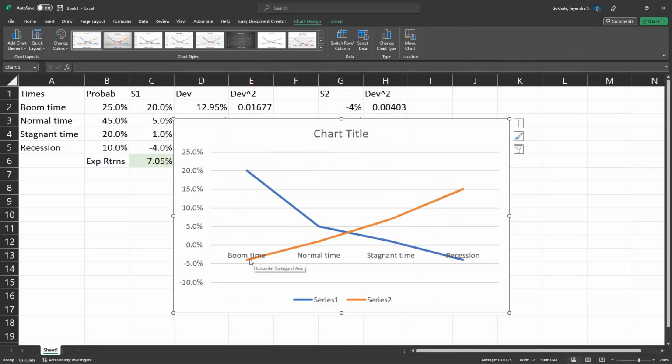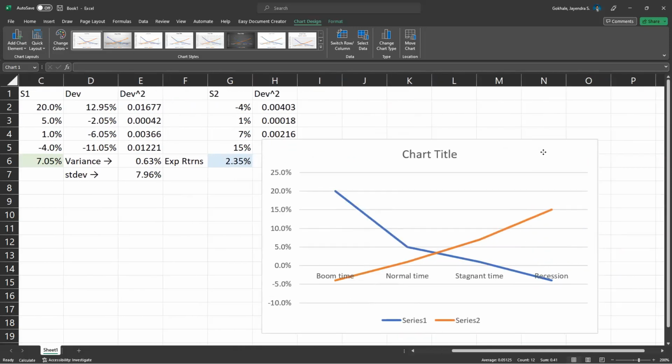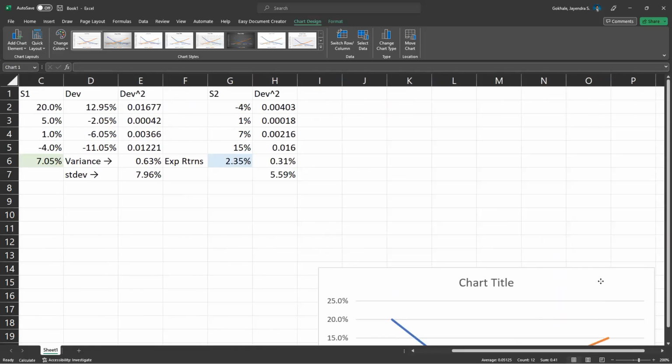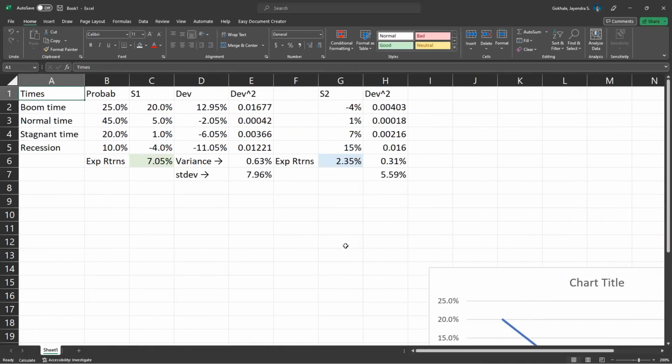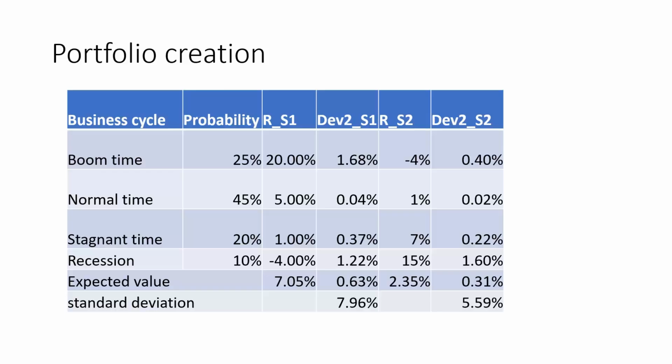So in boom times, stock 2 does not do well, but in normal to stagnant times, both of them do similarly. And so these are perfectly inversely correlated with each other. And that's actually great for our portfolio. When the markets are doing badly for stock 1, at least we have something to save us in terms of stock 2. And so that's the objective of creating a portfolio.